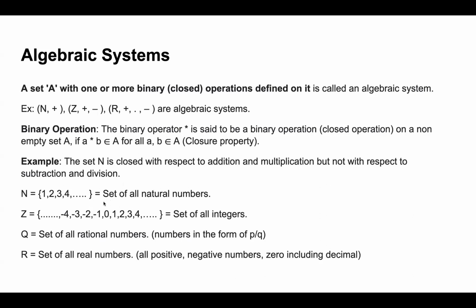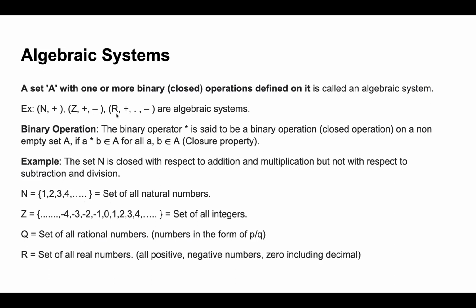I'm considering this 3 and this -2. What will it be? 3 minus -2 means 3 plus 2, which is equal to 5, and 5 is present in the set itself. So here Z with plus and minus is also an algebraic system.